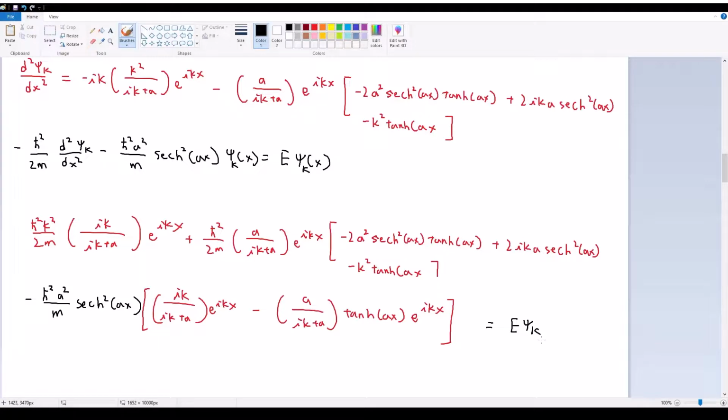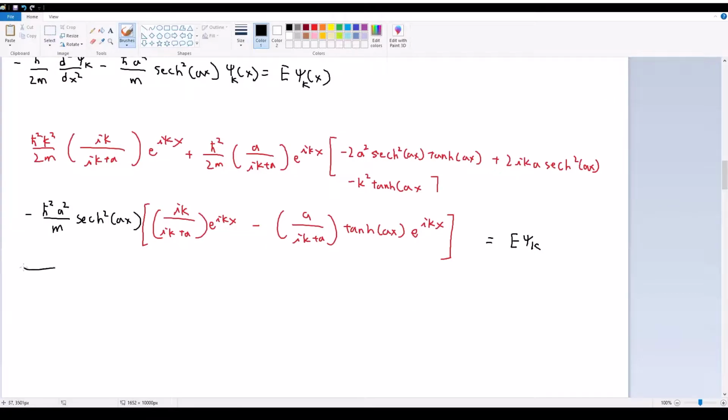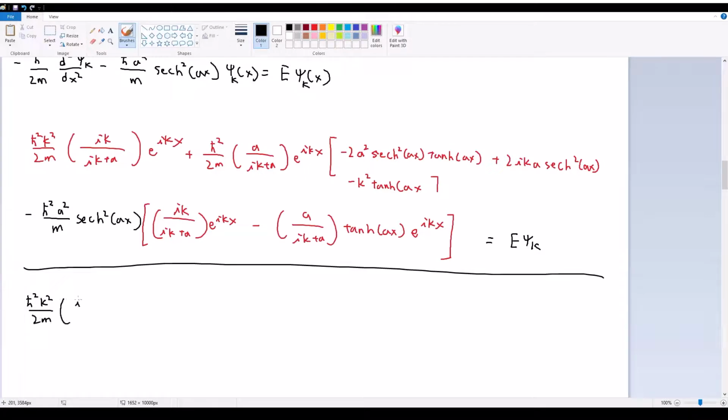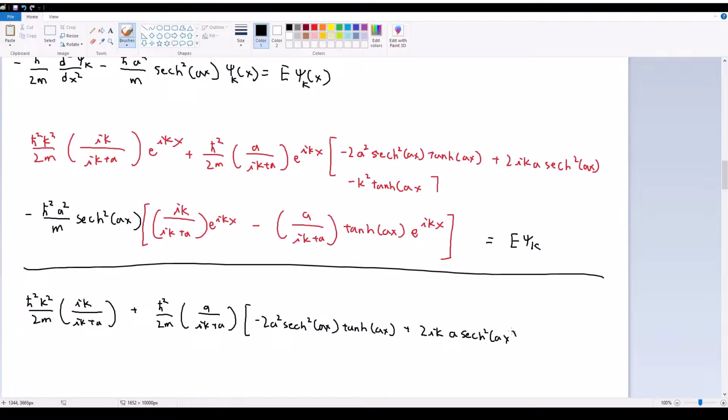Well, immediately I see that I can pull out the e to the ikx for every term. So that's going to leave me with h bar squared k squared over 2m times ik over ik plus a plus h bar squared over 2m times a over ik plus a multiplied by negative 2a squared hyperbolic secant squared ax hyperbolic tangent ax plus 2ika hyperbolic secant squared ax minus k squared hyperbolic tangent of ax.